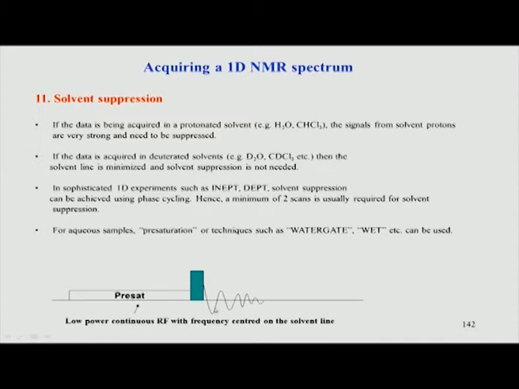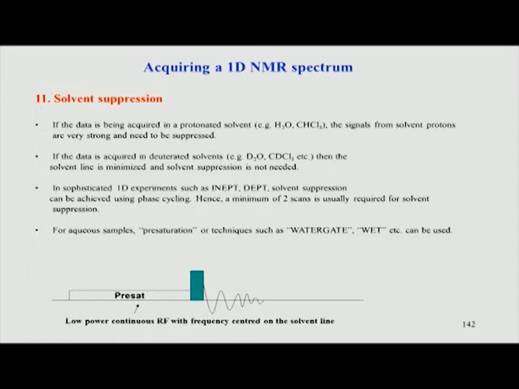So, the oscillations, that is the chemical shifts what you see, will only come from the compound peaks, and the solvent peak oscillation is gone. So, when you do a Fourier transform and finally get a spectrum, your spectrum will not contain any solvent peak.